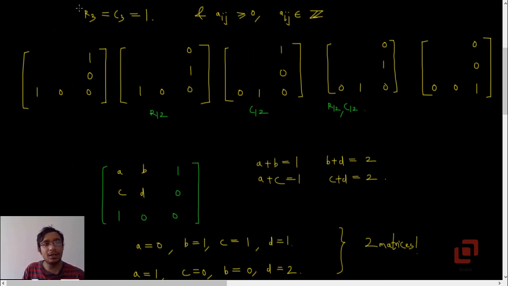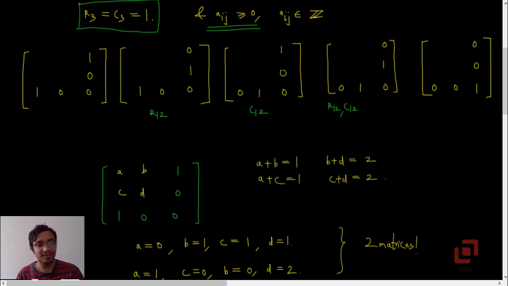Initially, I started with the condition that R3 and C3 should be equal to 1. Now because all entries of these matrices are non-negative integers, Aij should always be greater than or equal to 0. And then I made a list of all possibilities of 3 by 3 matrices wherein R3 and C3 are equal to 1.